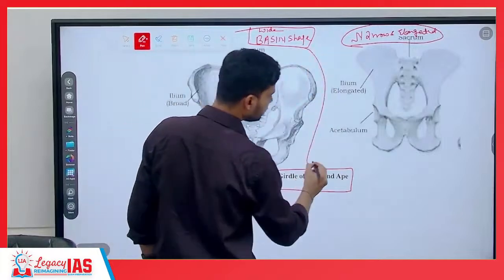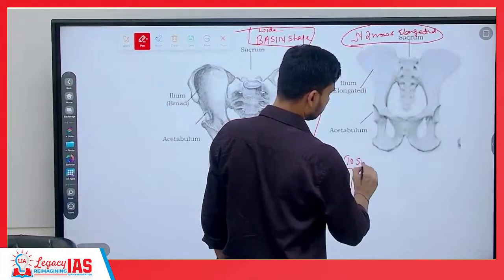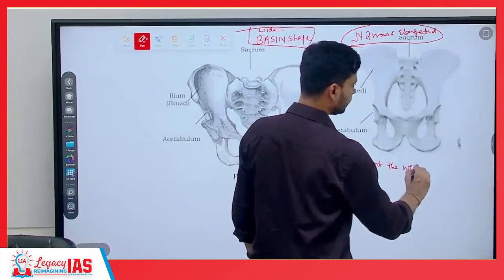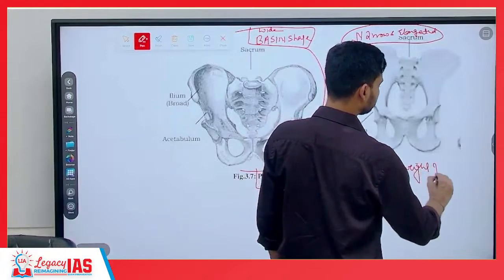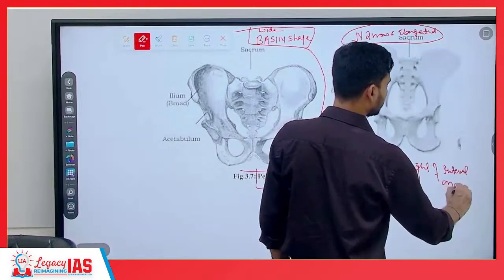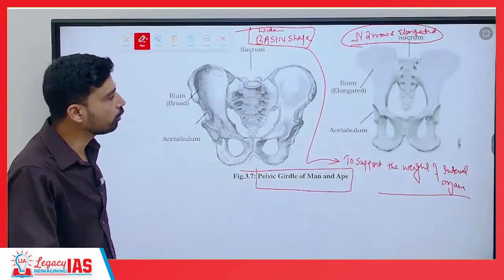What is the reason behind this evolution? Simply to support the weight of internal organs. Again, it is because of bipedalism that such an evolution has happened, to support the weight of internal organs.